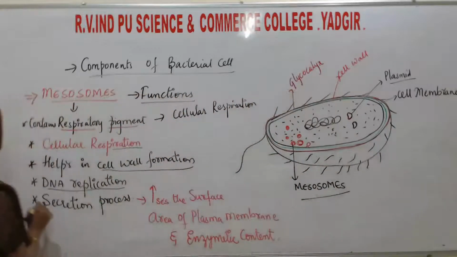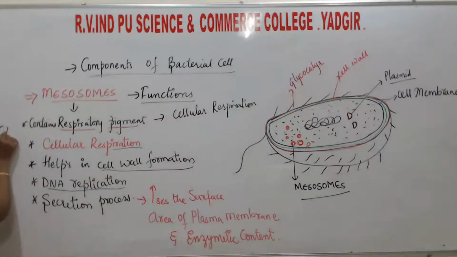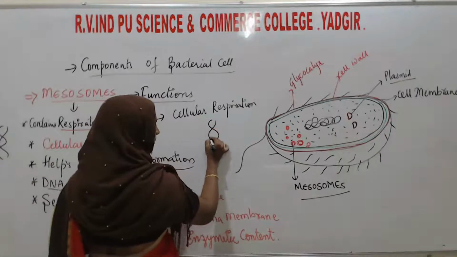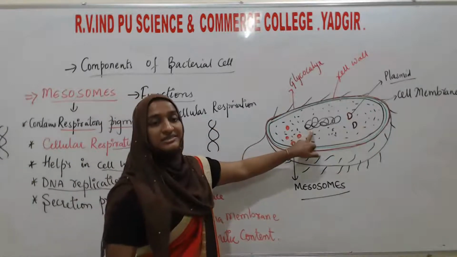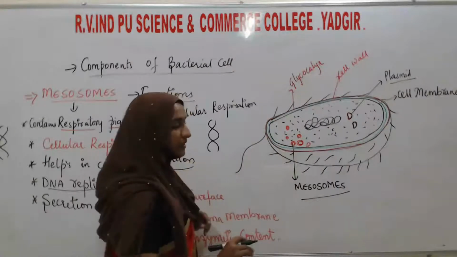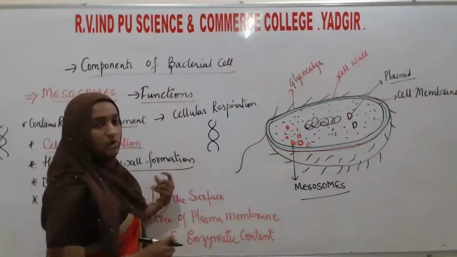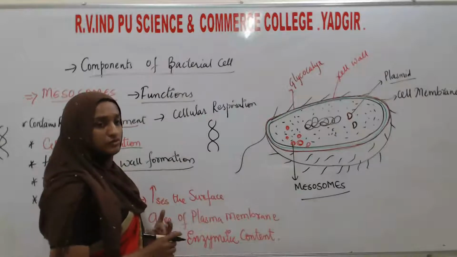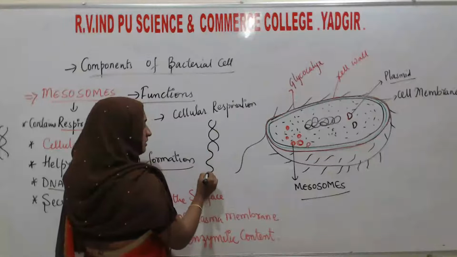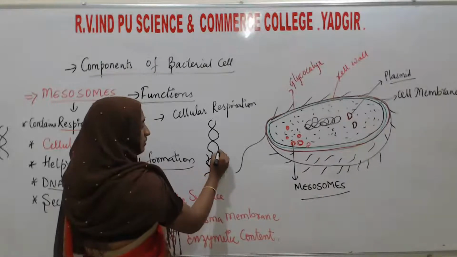In the prokaryotic cell, whatever the DNA is there will undergo a process of replication. That replication is due to the mesosomes. Replication means the DNA will form its same copies.